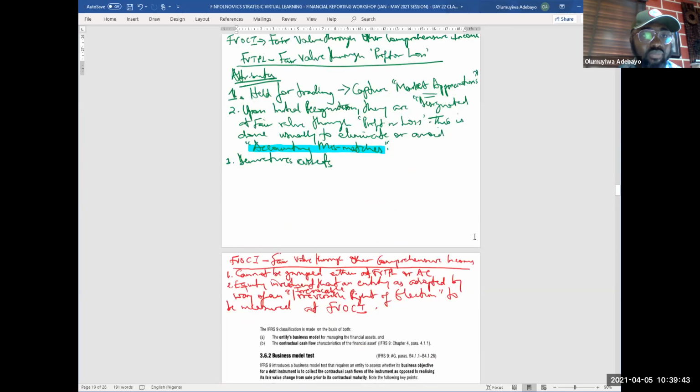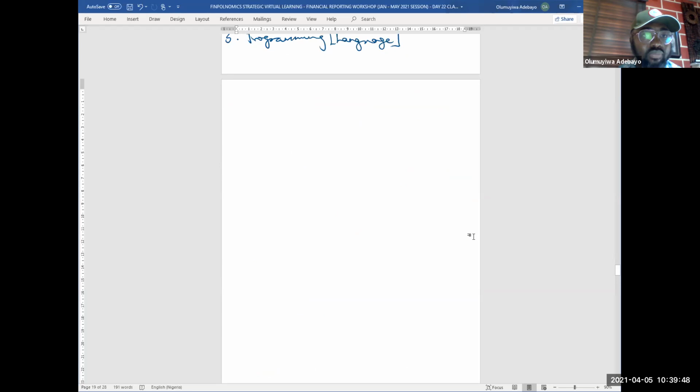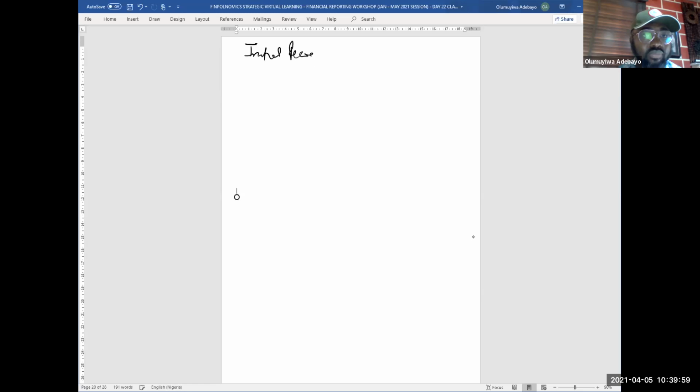Now let's go to initial recognition. We've said and we have concluded that you only recognize financial instruments in your books when you become a party to the contract.